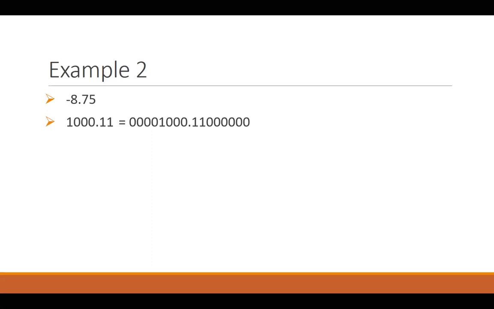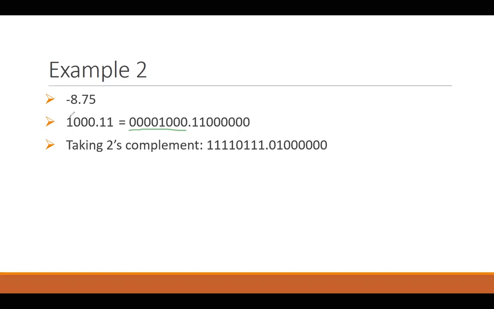After doing the conversion, this is going to be my result. And since the value is negative, I have to take the 2's complement of the value. Some students make the mistake of taking the 2's complement of only the integer part. Don't do that.